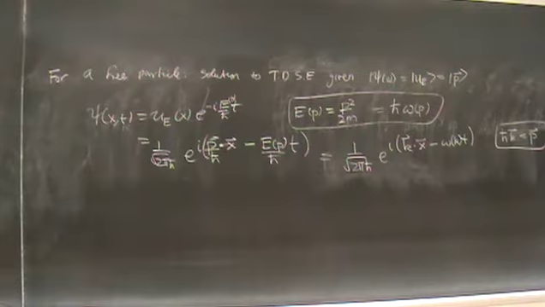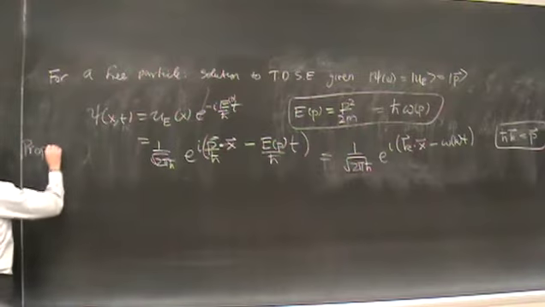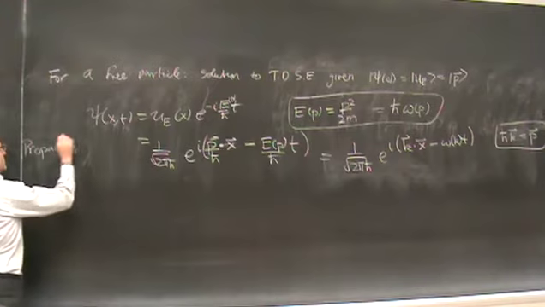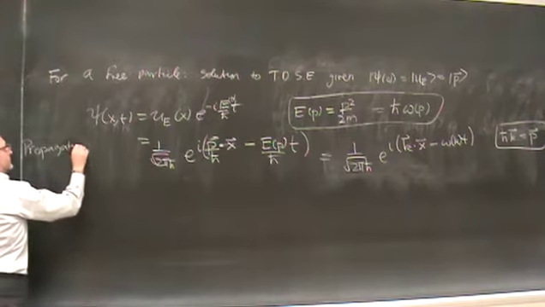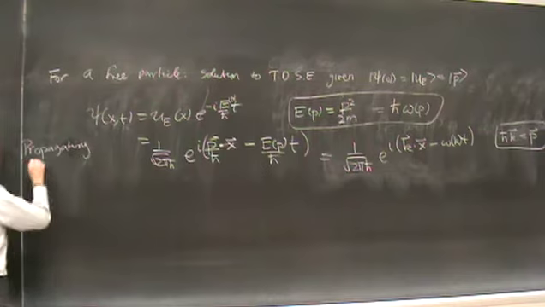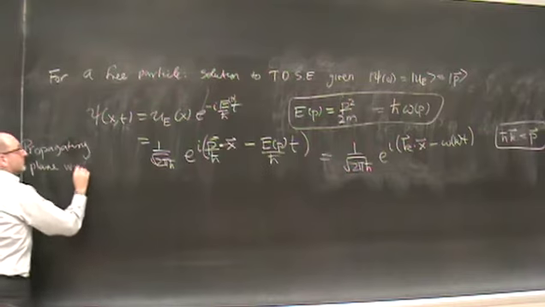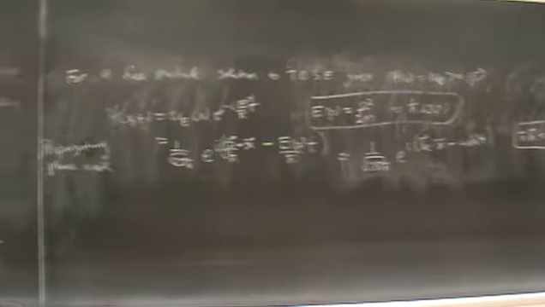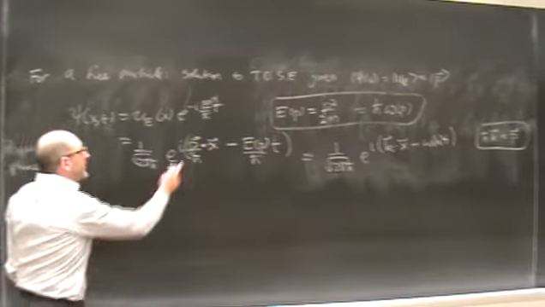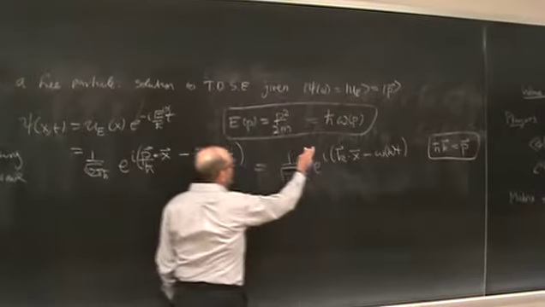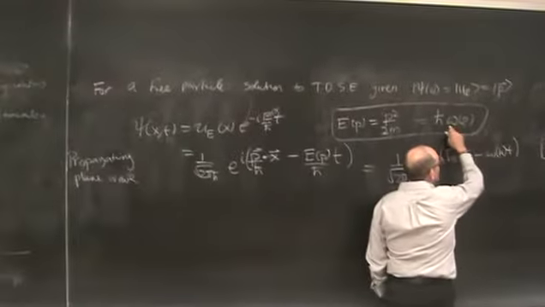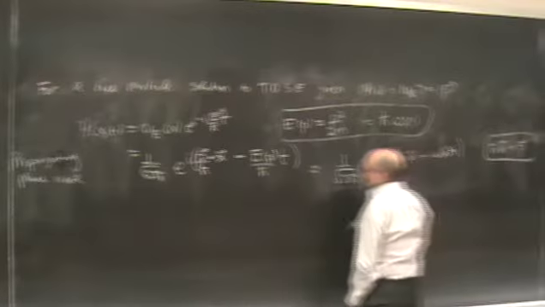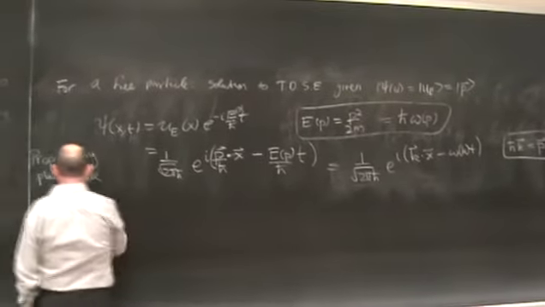Right? So that's a free particle. This is a plane wave. Now, notice the relationship here between frequency and wavelength, known as the dispersion relation.